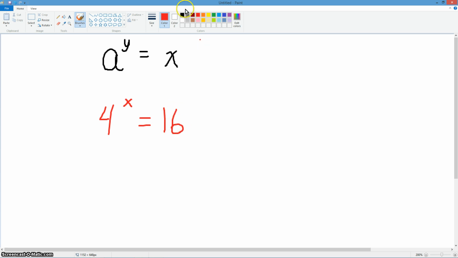And we want to write it into the logarithmic form, which is log of base a of x is equal to y.